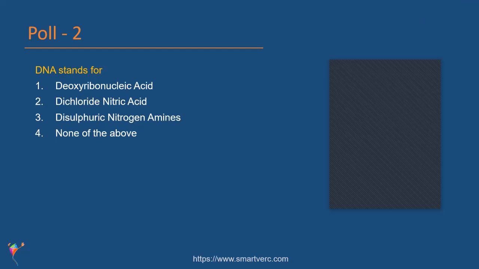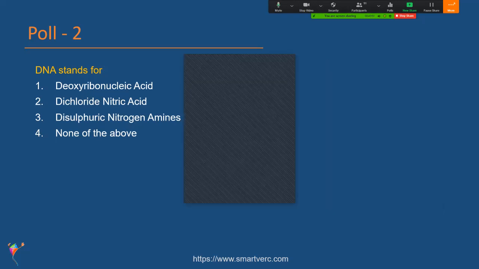Okay, 66% participants have voted. Within 5 seconds, we'll be closing this poll. Right. The correct option is option number 1. And we know this term by the short form DNA, but very few of us know what it stands for.